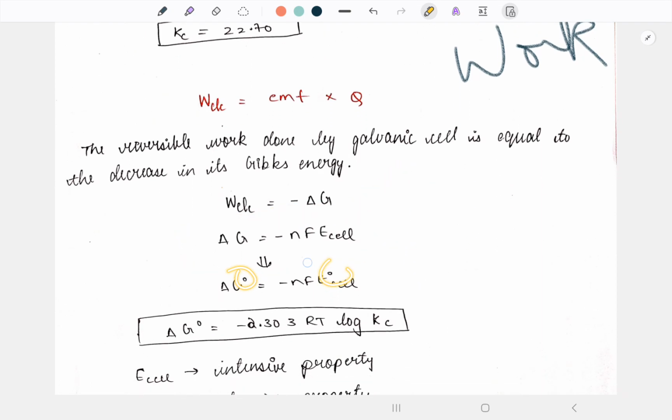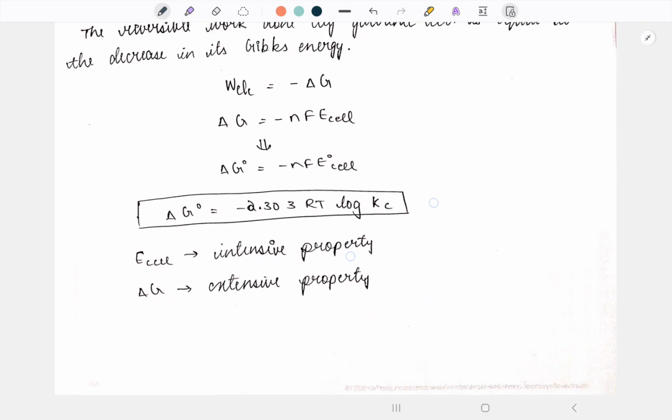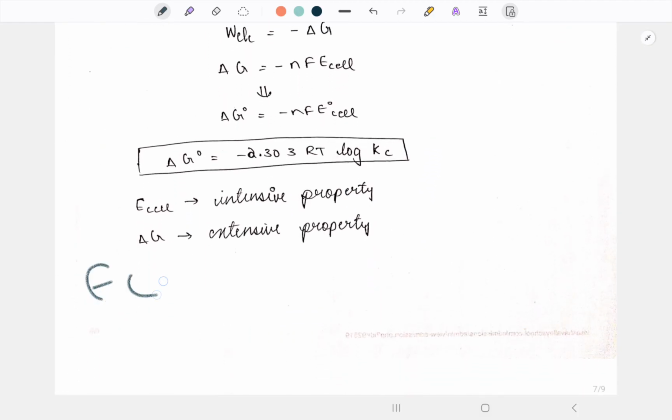For standard conditions, we can write E naught cell. So then, by placing the value of E naught, we can get delta G naught is equal to minus 2.303 RT log Kc. Here E cell is an intrinsic property, while delta G is an extensive property because it depends on the value of n. Now, at the stage of chemical equilibrium of a cell, the E cell is equal to 0.